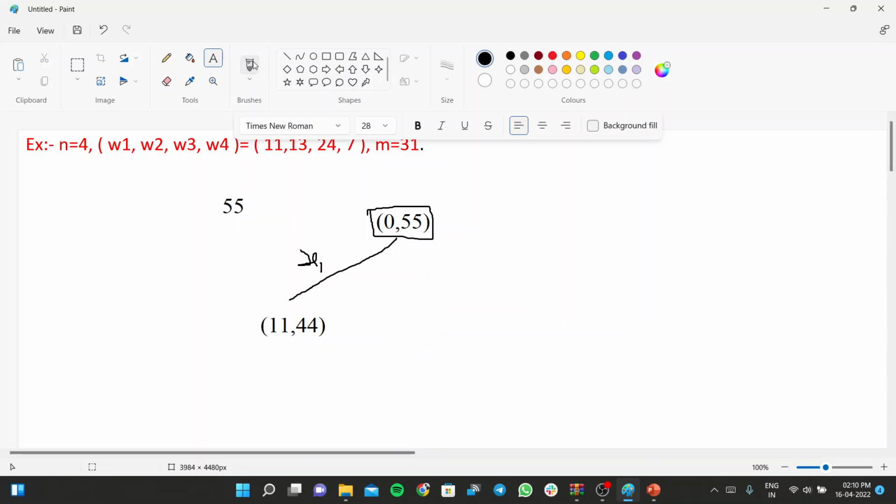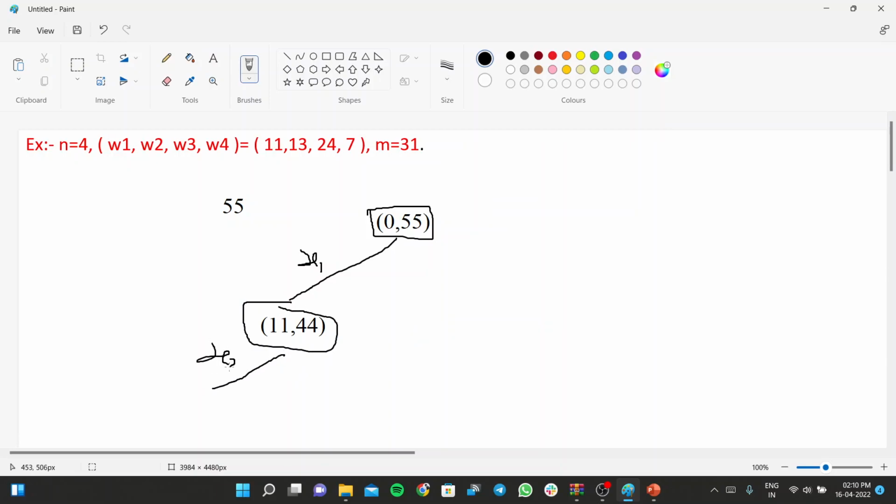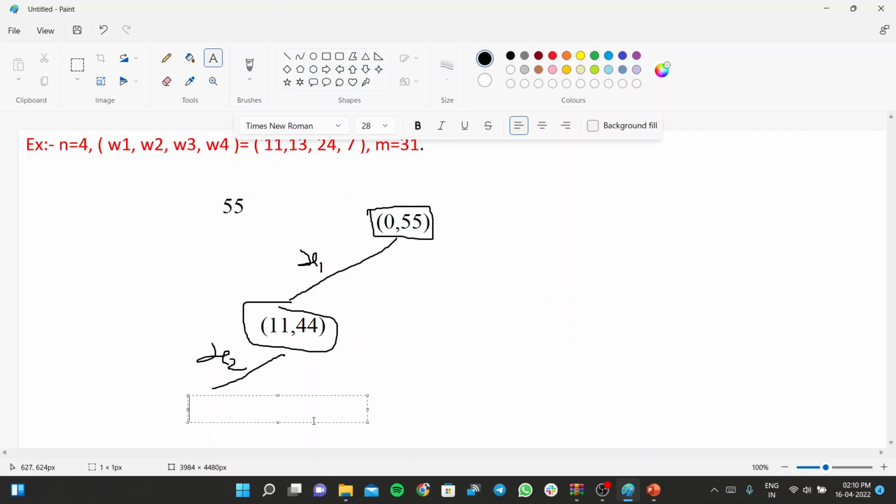After adding this, we are going to add x2. So x2 is also added, that is 13. So 11 plus 13 is 24 comma 31.